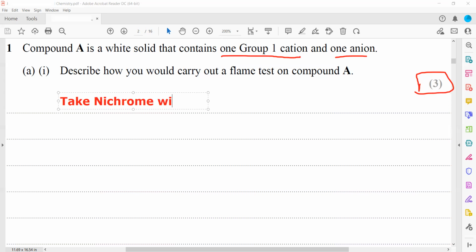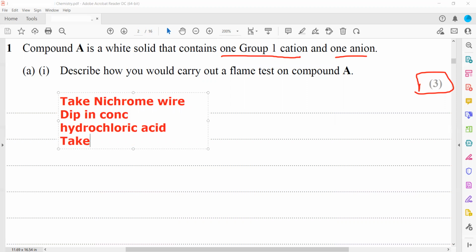That is one thing. Second, we dip it in concentrated HCl, hydrochloric acid. That is the second thing.